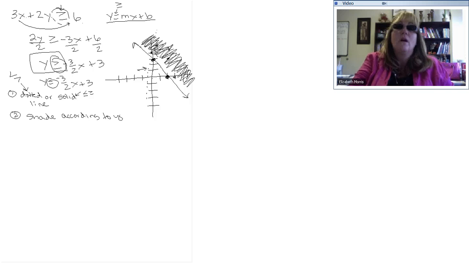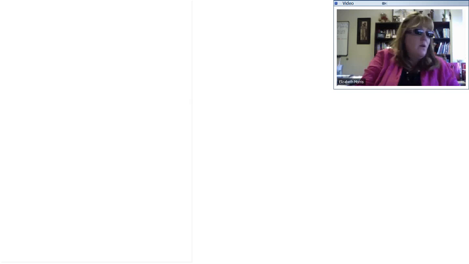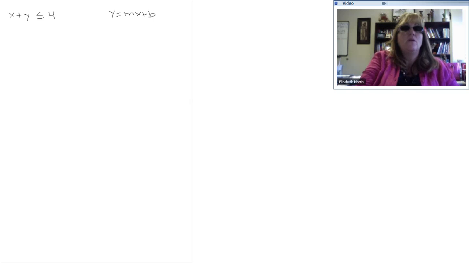All right, let's try another one. You'll see the pattern. What if I had x plus y is less than or equal to 4? Again, get it into the y equals mx plus b mode. So I need to move the x over. It becomes negative x. I have y equals mx plus b. Believe it or not, this negative 1 in front of here is your slope.